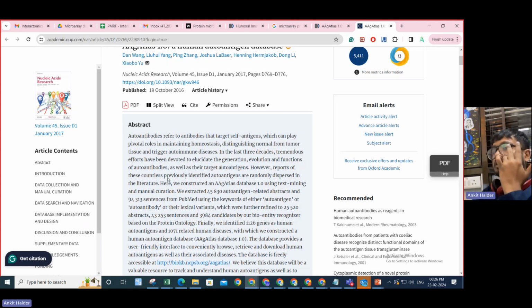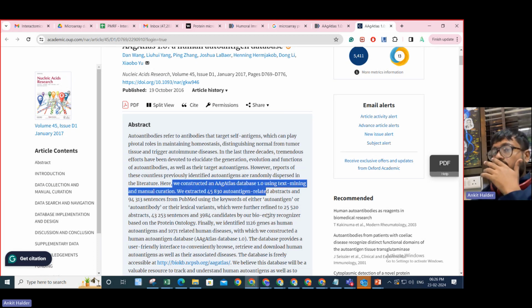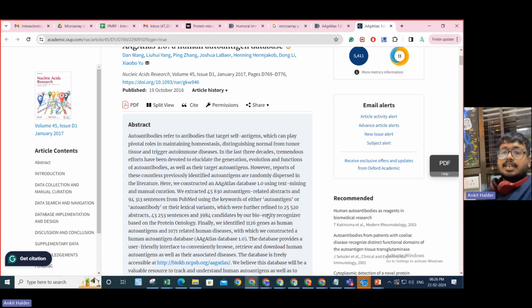However, reports of these countless previously identified autoantigens are relatively dispersed in the literature, so that's why they constructed the Autoantigen Atlas database. Through text mining and manual curation, they extracted 45,830 autoantigen-related abstracts and sentences of either autoantigen or autoantibody, with lexical variants refined.